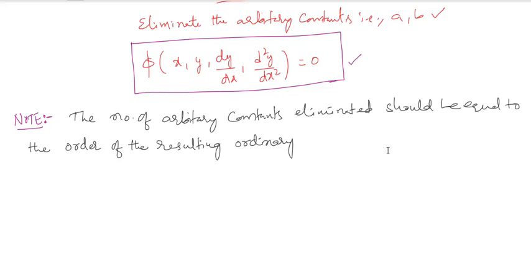Clear with my point? So if you have a number of arbitrary constants, that number is equal to the order of the resulting ordinary differential equation. You have to keep that point in your mind. Getting what I'm saying here?